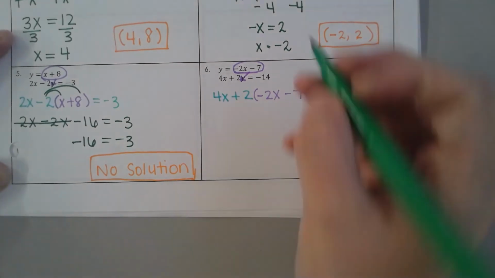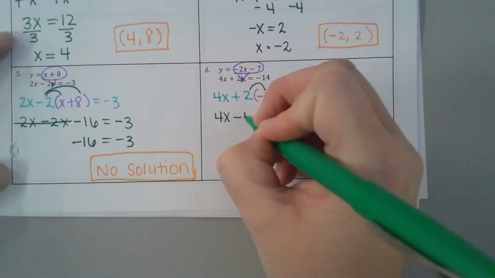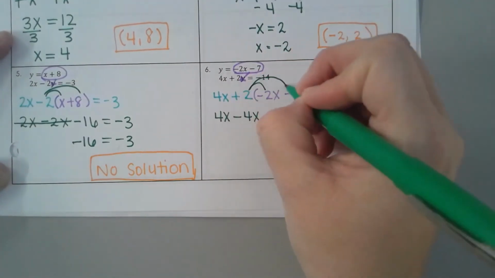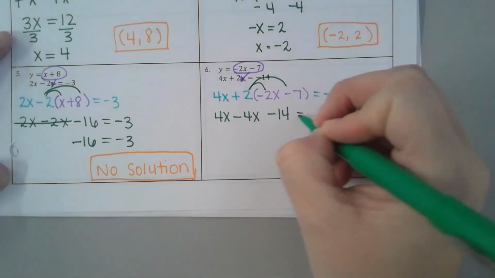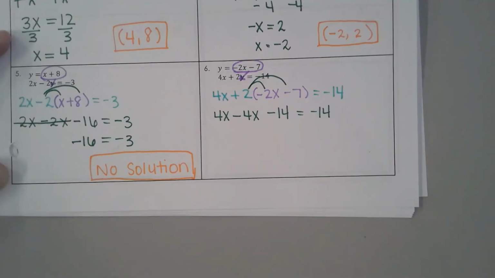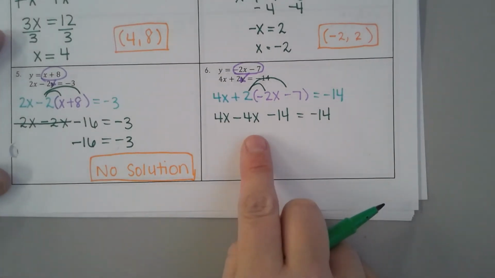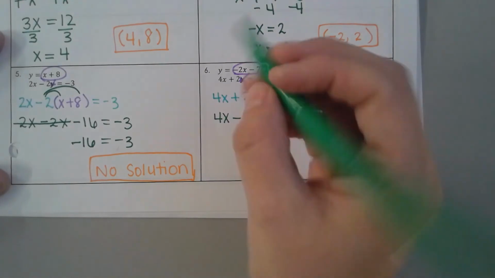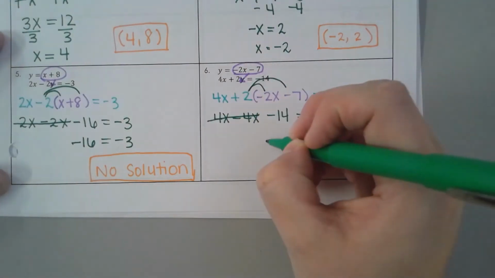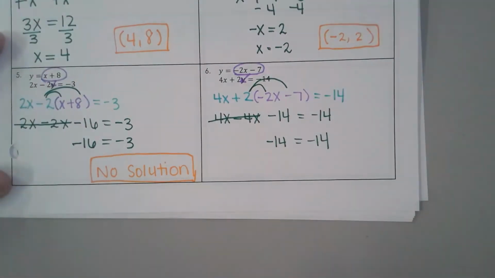Same as before, we need to distribute. We get 4x minus 4x. What does that mean? They cancel out, and we're left with negative 14 equals negative 14.